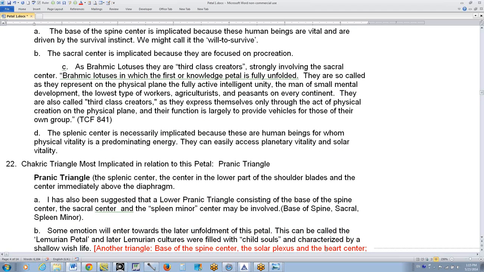How does it say? They represent on the physical plane the fully active, intelligent unity. There we certainly see ray 1 for unity, and we also see the third ray for the active, intelligent part. Okay.